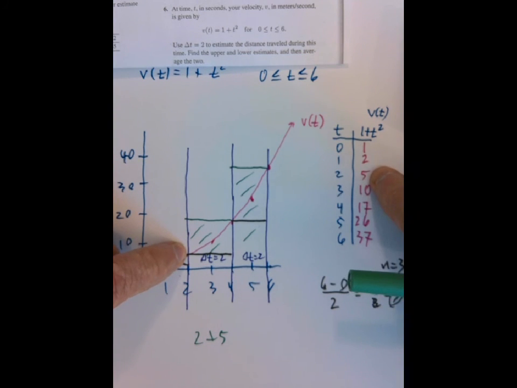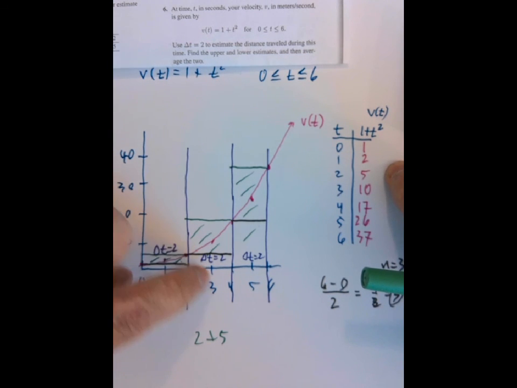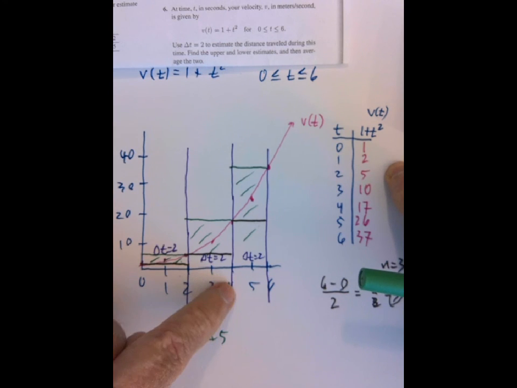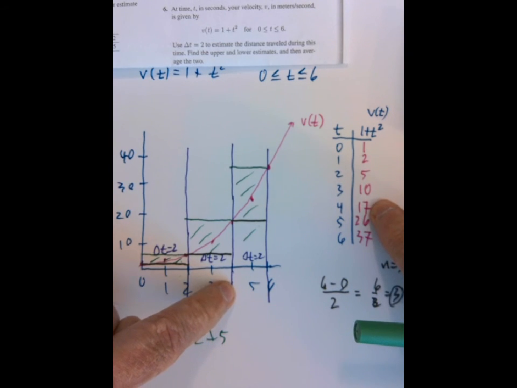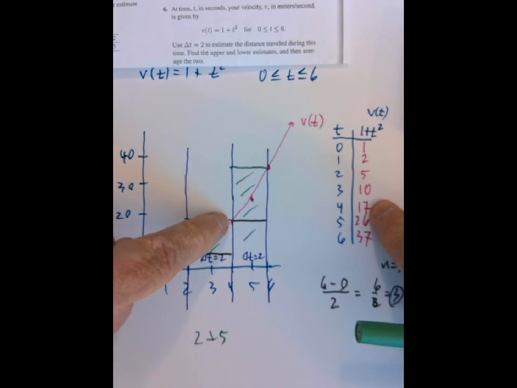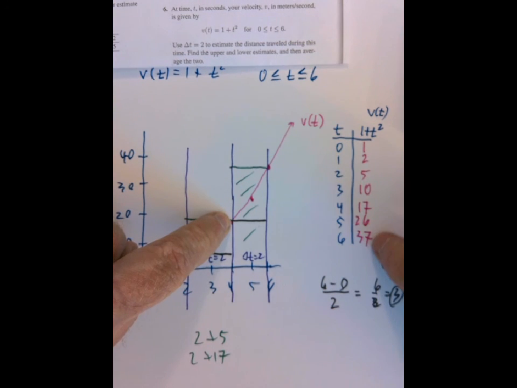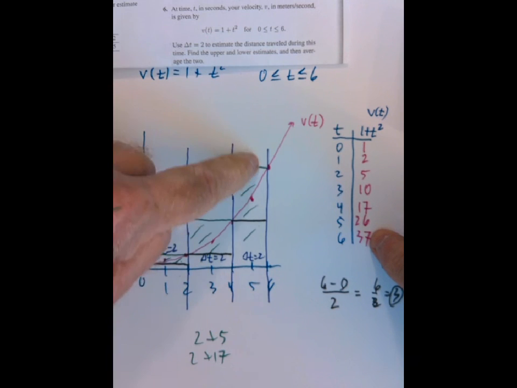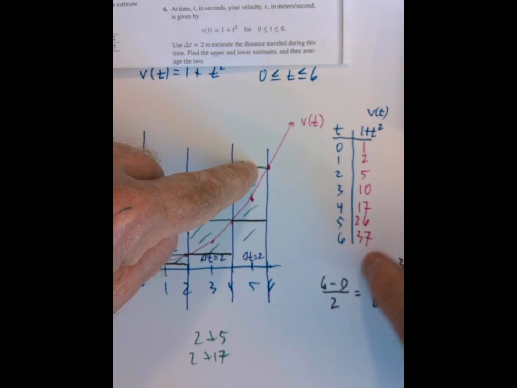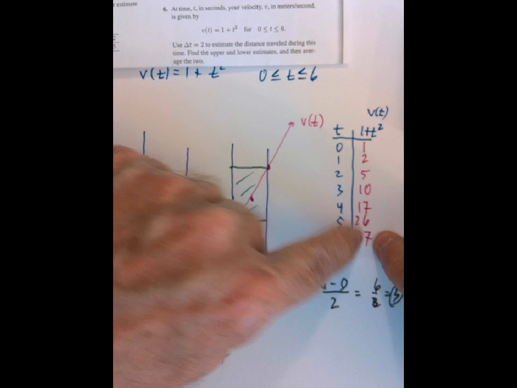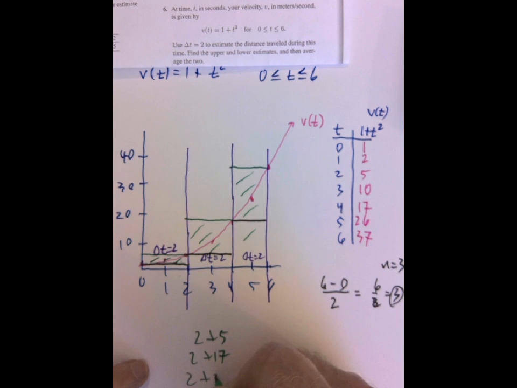The right-hand boundary for the second interval is at 4, and the v of t value is 17. So that's going to be 2 times 17. And then the right-hand boundary for the third interval is right there at 37 high. 2 times 37.